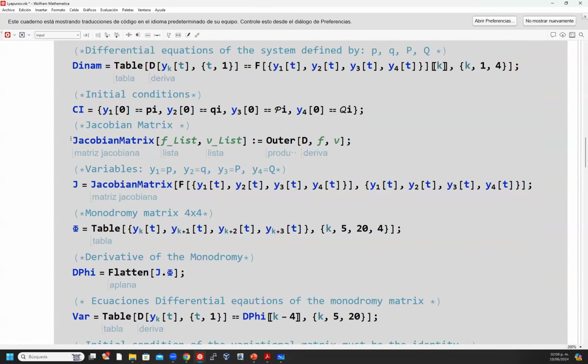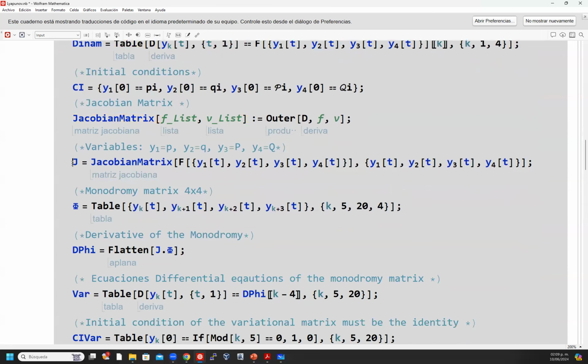Now, I define the Jacobian matrix by hand using this. With this in mind, I take the derivatives of each list by the variables that we can use, and I define the Jacobian.